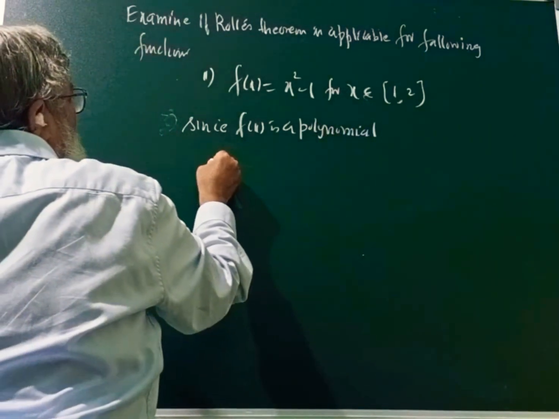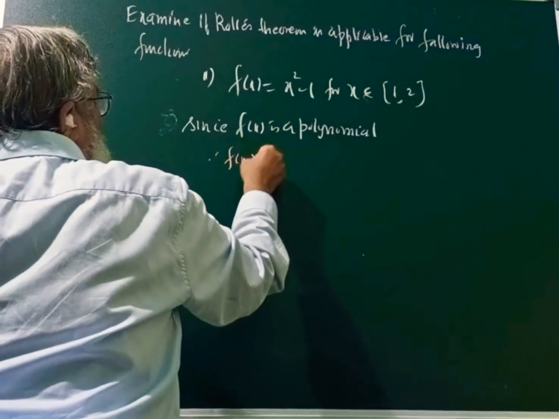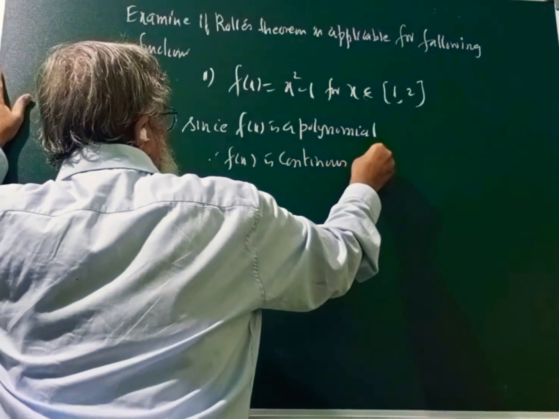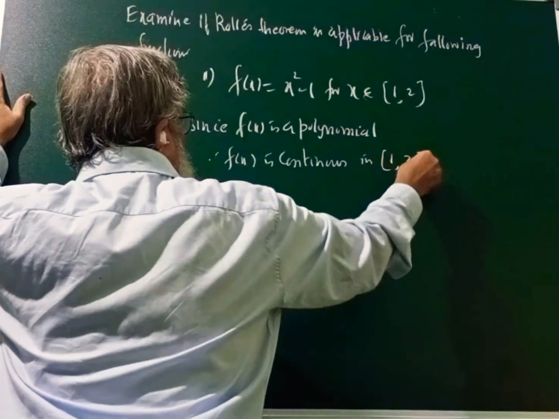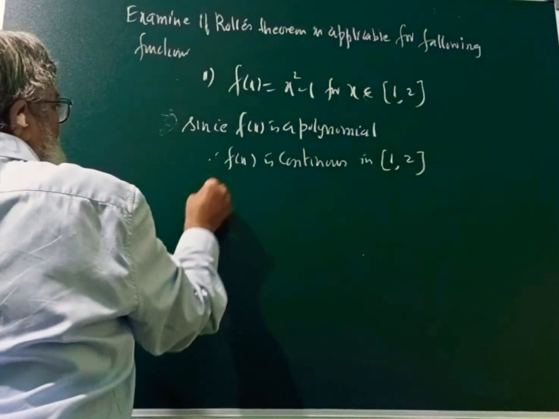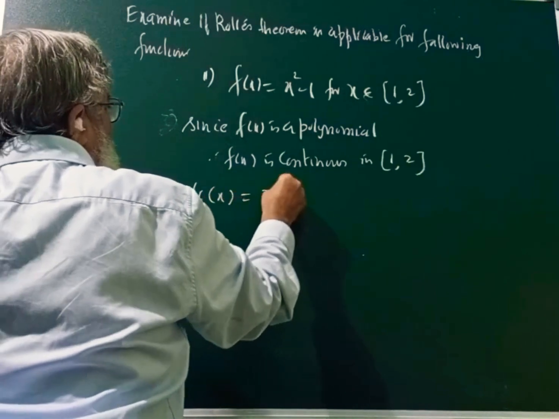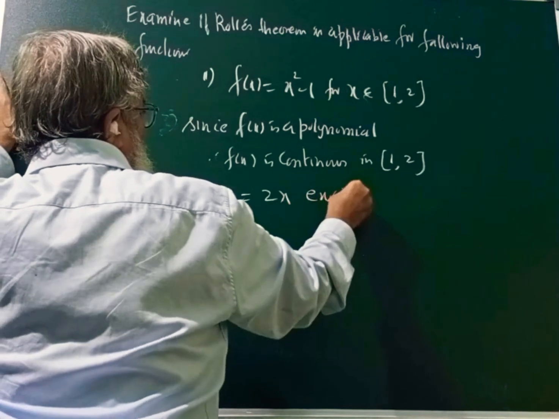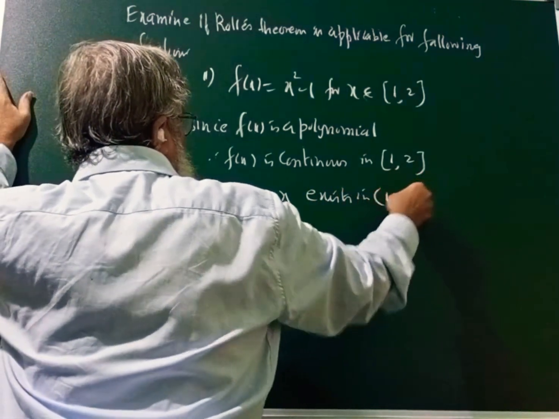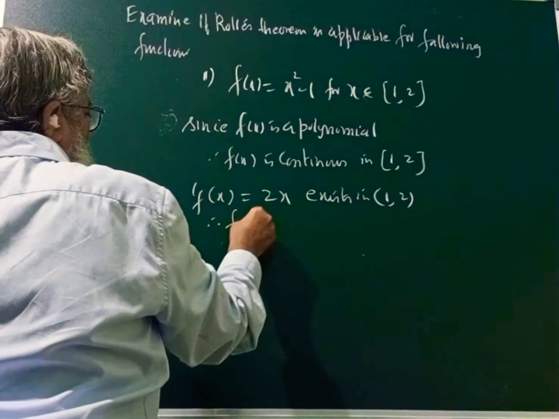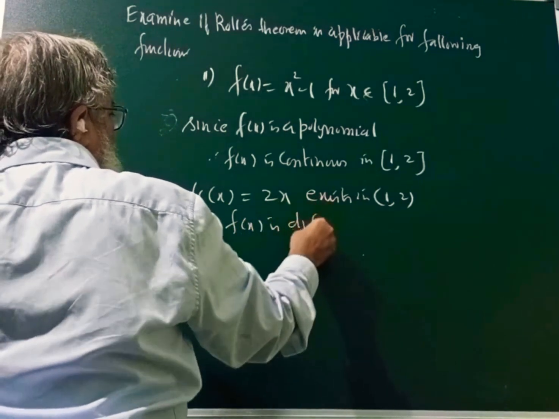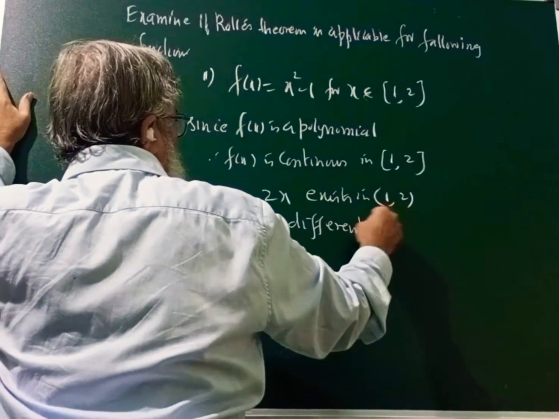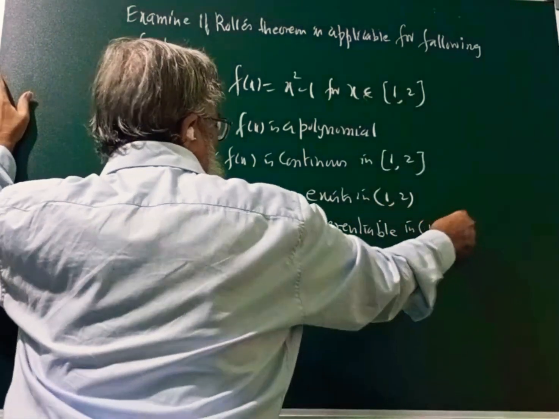In particular, f(x) is continuous in the closed interval [1, 2]. Let us differentiate it: f dash x is 2x, which exists in the open interval (1, 2). Therefore, f(x) is differentiable in the open interval (1, 2).